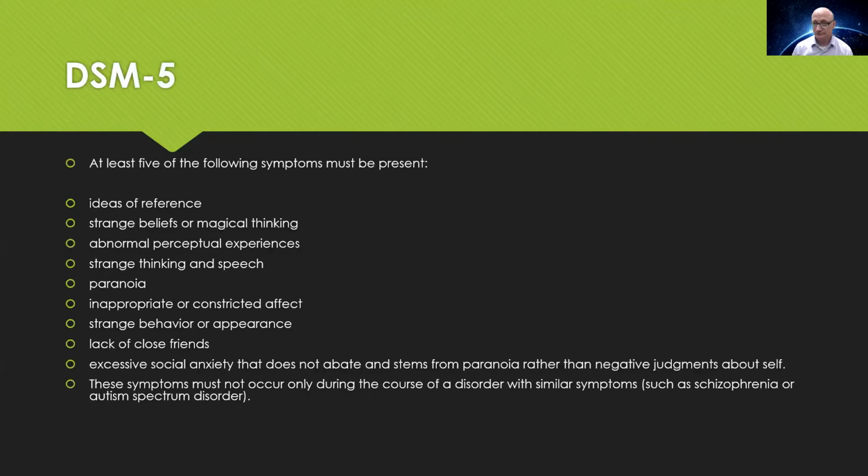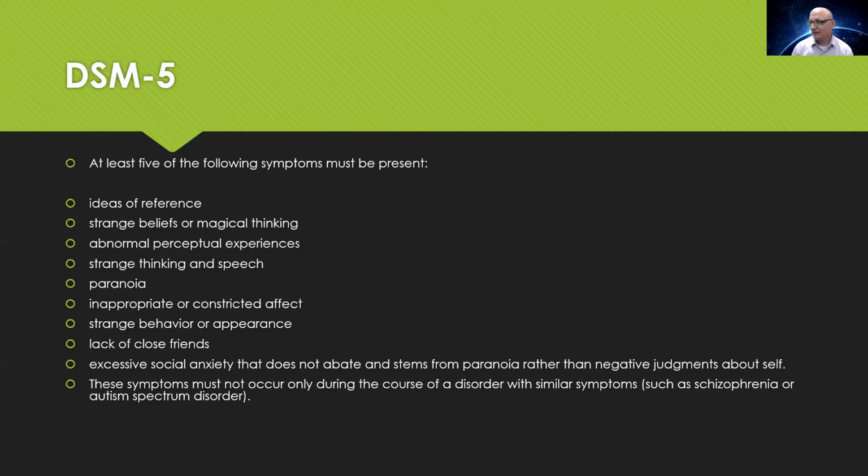Okay, so according to the DSM-5, at least 5 of the following symptoms must be present: ideas of reference, strange beliefs or magical thinking, abnormal perceptual experiences, strange thinking and speech, paranoia, inappropriate or constricted affect, strange behavior or appearance, lack of close friends, and excessive social anxiety that does not go away and stems from paranoia.